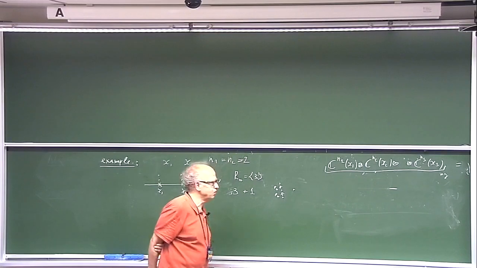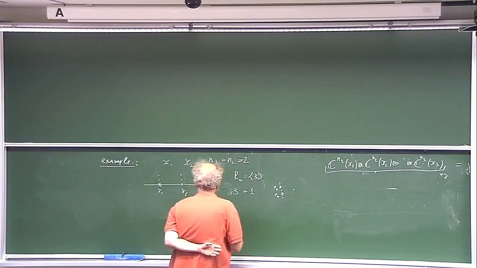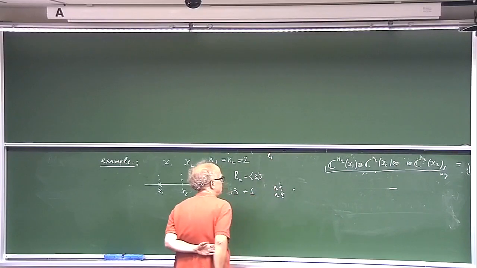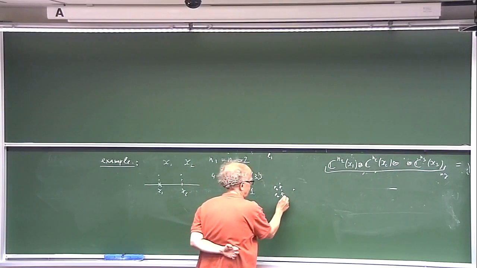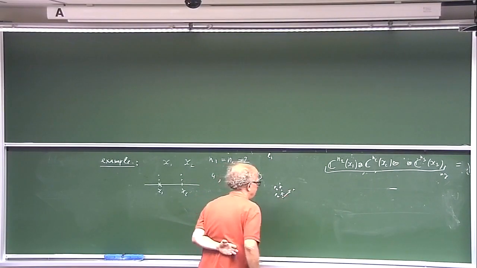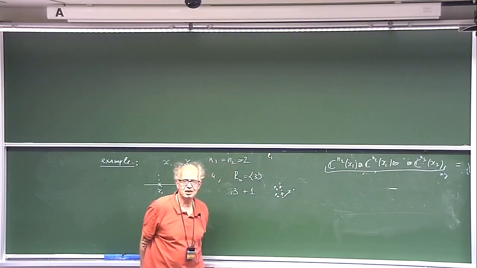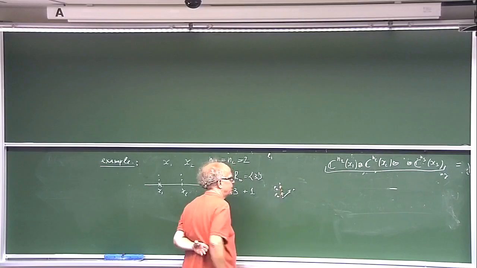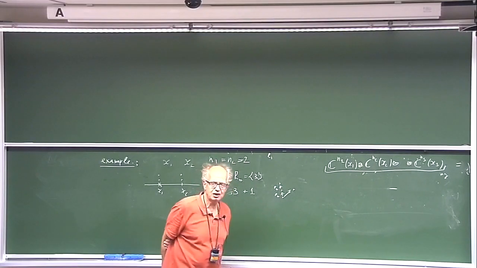Then we can look at A, where we also have A1. This A1 is acting this way, acting by 0 on this vector and by 0 on this vector.